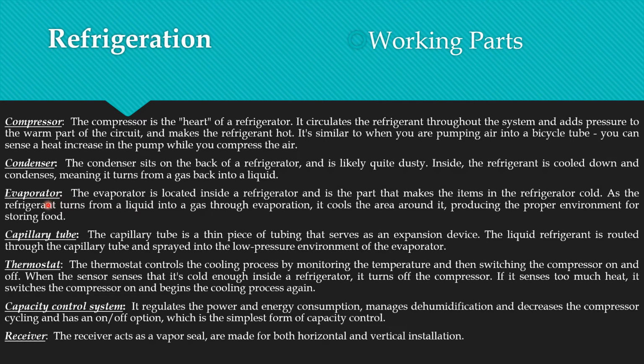This evaporator comes after the capillary tube. The capillary tube is a thin piece of tube or expansion valve. It serves as an expansion device. The liquid refrigerant is routed through the capillary tube and sprayed into the low pressure environment of the evaporator.